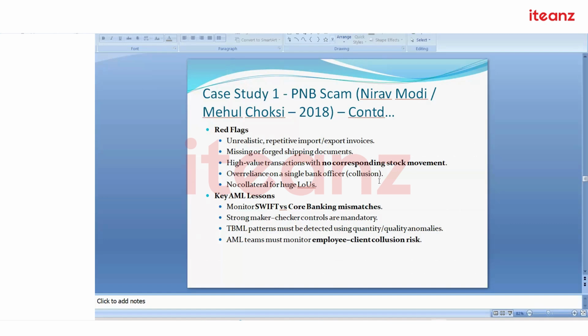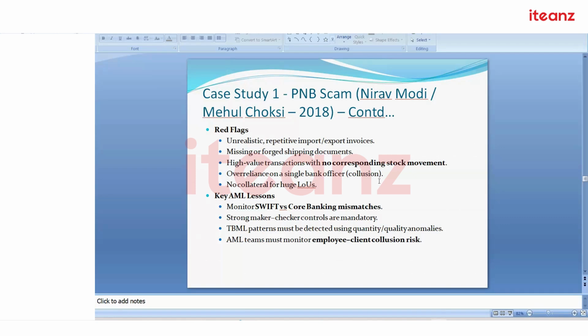Then whoever does the KYC, CDD and all those things, he will be bribed and told that you don't need to do proper due diligence. You just say yes, I verified all this, and pass it. This is how it happens.